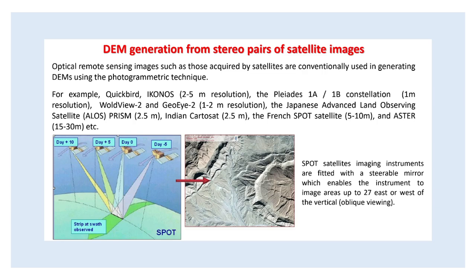Because if you just take an overhead image, you will not understand if that region is elevated or has some kind of depression. But if you take it at some angle, and you have a pair of images accounting for that, then you can use that in photogrammetry or topographic mapping, and even for DEM generation.